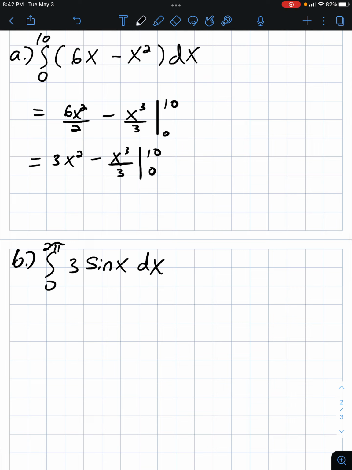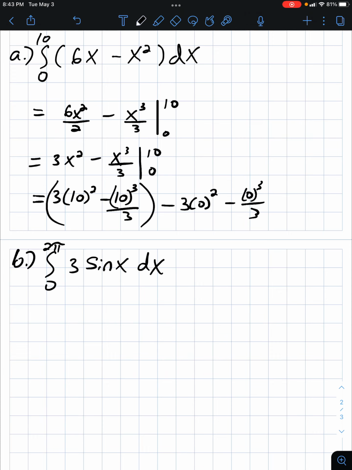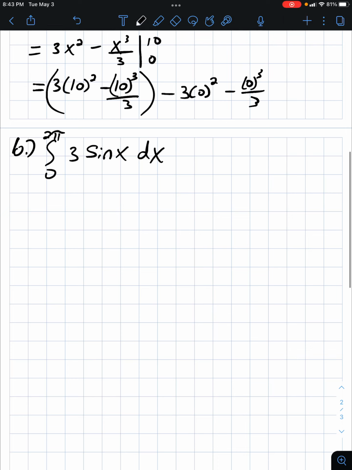Now we have 3 times 10 squared minus 10 cubed divided by 3, minus 3 times 0 squared minus 0 cubed divided by 3.